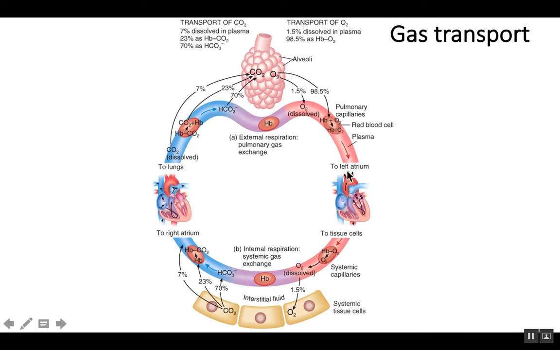Once this oxygen is transported back to the heart and then pumped out of the heart and delivered to systemic capillaries, that oxygen has to be removed from the hemoglobin.